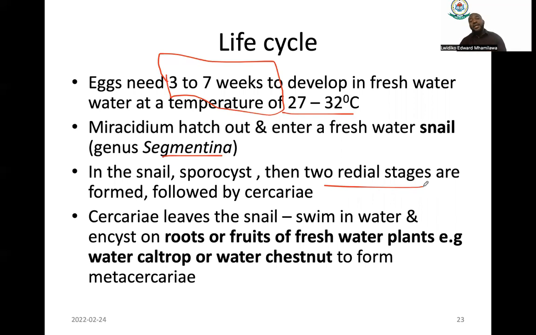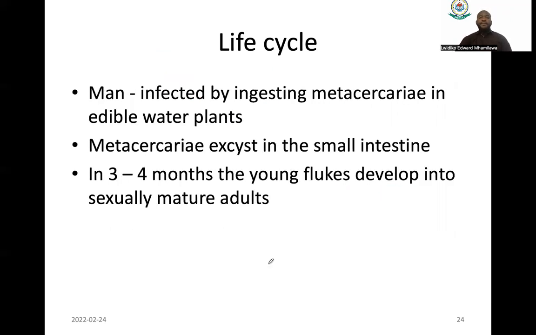Then the cercariae leave the snail, get into the water, and attach to the roots of freshwater plants, for example the water caltrop and water chestnut, which you've just seen in the video. They stay there on the roots, and if you eat them, you get contaminated.